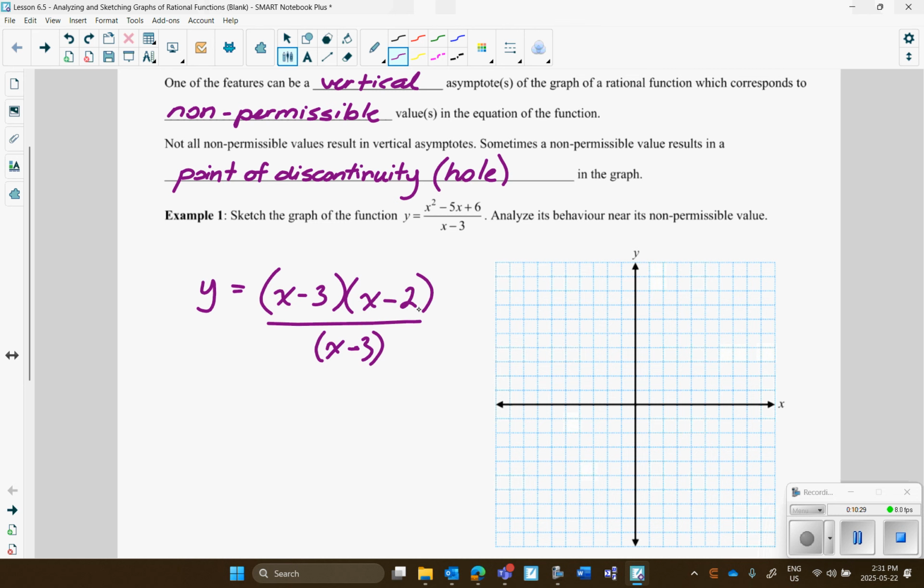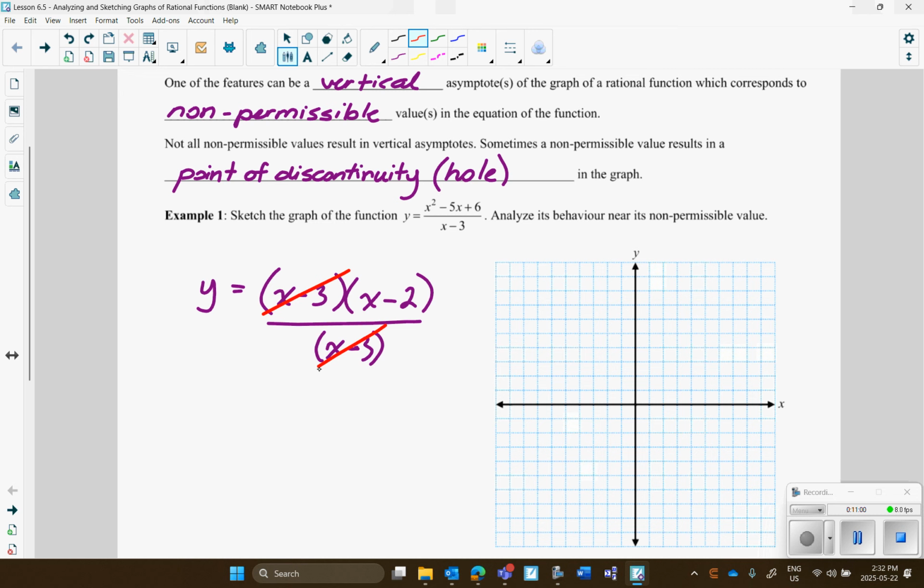Now, you would say, okay, there's a horizontal asymptote on the x-axis. There's a vertical asymptote at x equals 3, so I draw a vertical asymptote. But do you notice anything you can do here? You can cancel out the x minus 3's, which means there's no longer a denominator, which means there's no vertical asymptote.